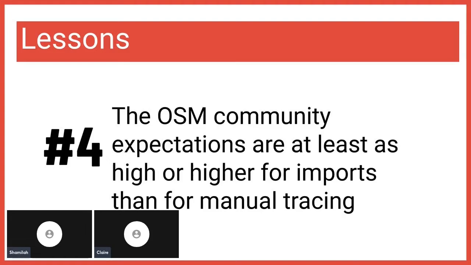The OpenStreetMap community expectations are, I would say, higher for imports than for manual tracing. For object imports, there are some guidelines which are described on the wiki, and we followed them as much as we could. But in terms of quality mapping, the OSM community doesn't want data that would be of lesser quality just because it's coming from an import.